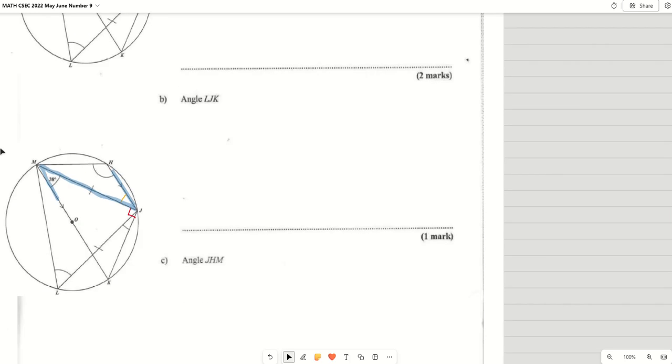Let's look at this question. I have a circle here so you could just watch it. Angle LJK, that is this angle right here. For this one you have to look at the two triangles and it's actually the difference.